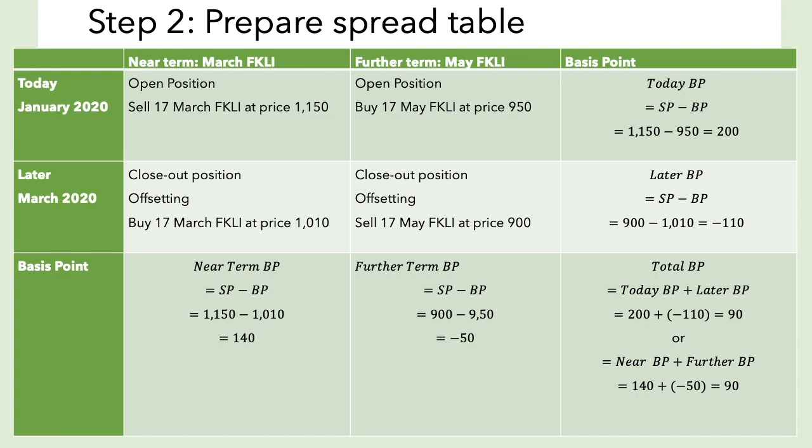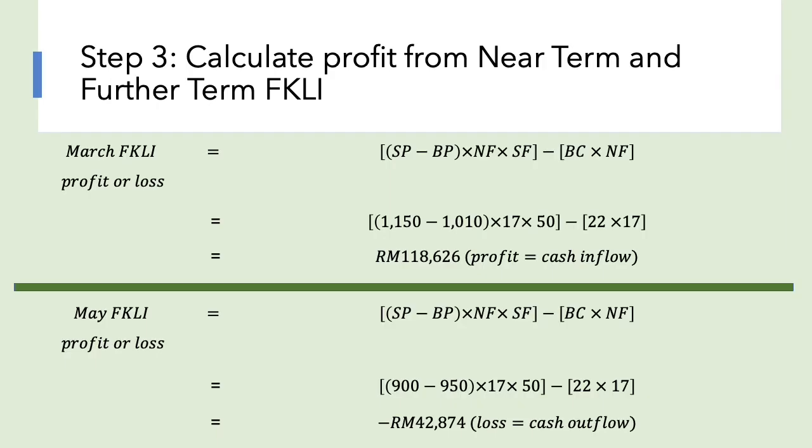For near-term or March FKLI, you need to buy because you start, open, sell. For further term, which is May FKLI, you open using buy transaction, then close out, you need to sell that contract. The number of contract when you open and close must be the same number of contract. In this case, we use 70. And then you can calculate the basis point based on time, or you can calculate the basis point based on the contract.